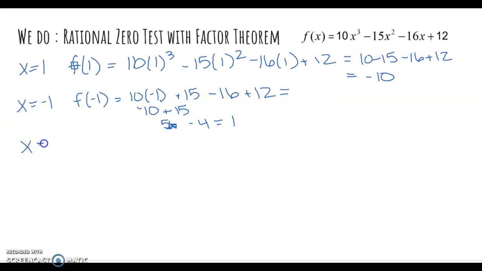So let's try x equals 2. 10 times 8 minus 15 times 4 minus 16 times 2 plus 12. So we've got 80 minus 60 minus 32 plus 12 gives me 0. So this is a factor, so this is a starting point for us.